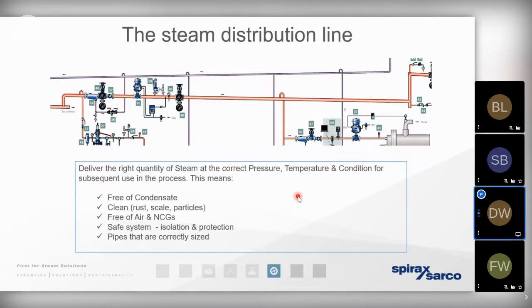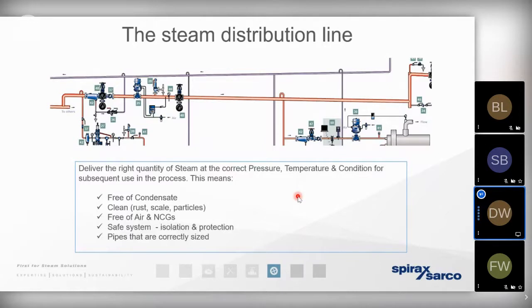We want to remove any particulate that may be present within the steam. That's why we use those little Y-type strainers that you may be familiar with. We want to remove any air and other non-condensable gases from the steam. We want to ensure we're observing good working practice so we can safely isolate key components.